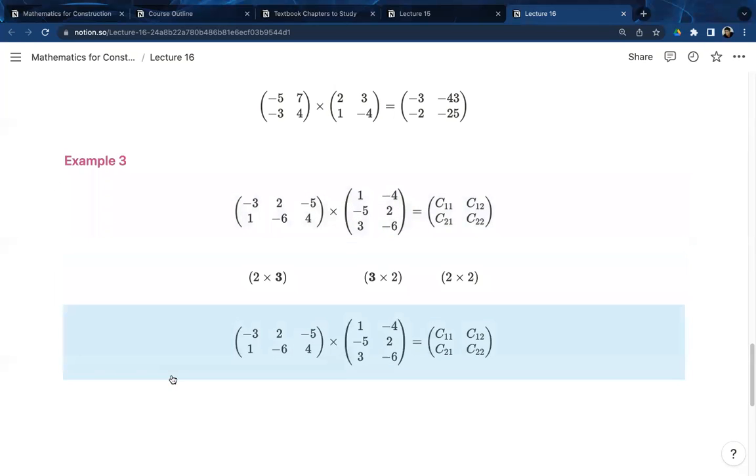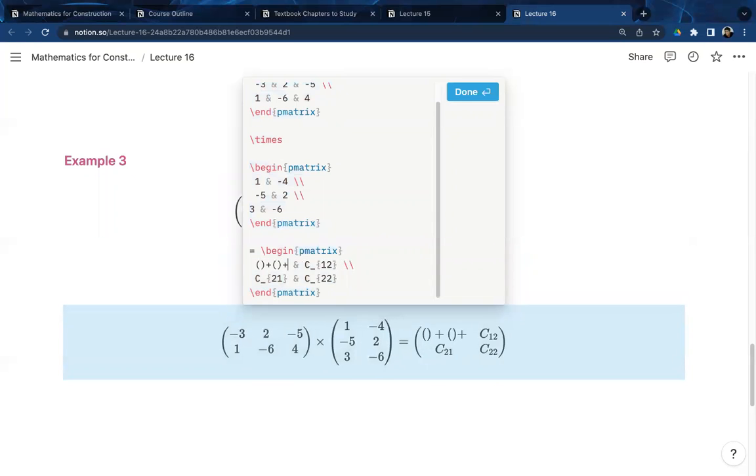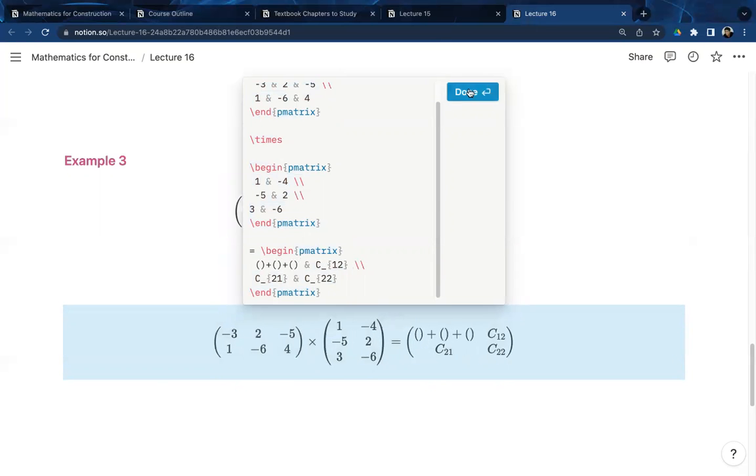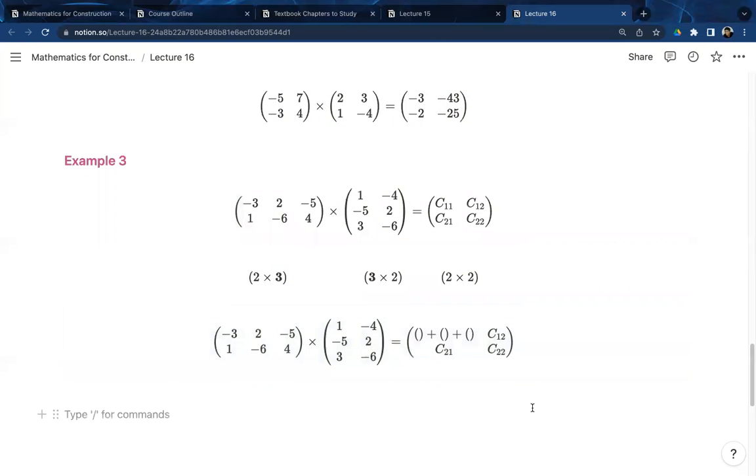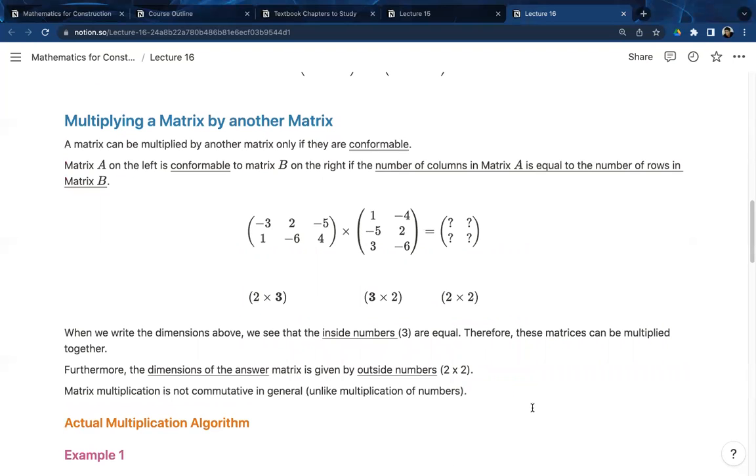So it's 3 additions. Let's try and do this here now. This first element is really 3 things being added, and all the elements will be 3 things being added. Why? Because they're conformable. Conformable means the number of columns in the first matrix is the number of rows in the second matrix. So these columns here is 3 things, and this row here is 3 things.